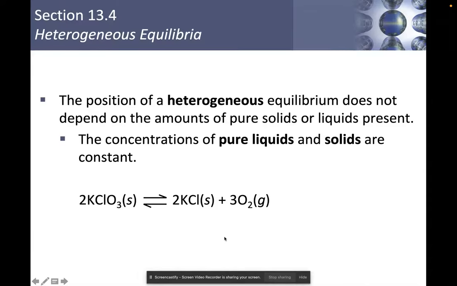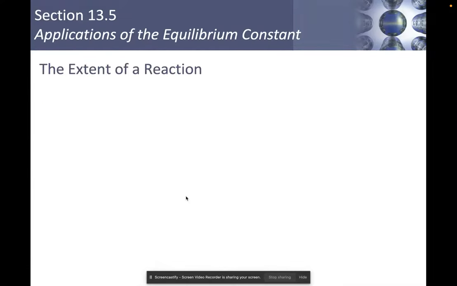Totally reasonable, right? But I don't include liquids or solids in my equilibrium expression. So in reality, this is what it would look like. I just ignore these and write down the gases or aqueous solutions. Again, I know it seems odd, but the reason this works is because the concentrations of these in an equilibrium expression should be constant numbers.